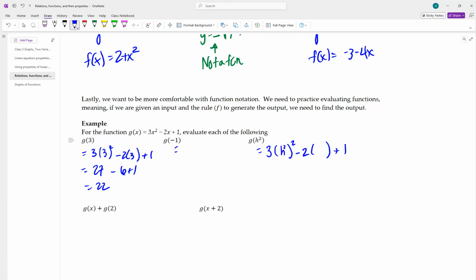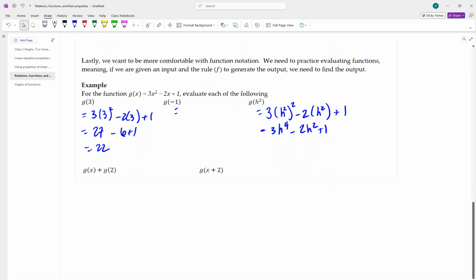Okay, so put h squared in those locations, and I just get 3 following rules of exponents, 3h to the fourth minus 2h squared plus 1. Easy peasy. Okay, and then the last couple here, I want you to pause the video, try it, and then resume when you're ready to see the solutions.